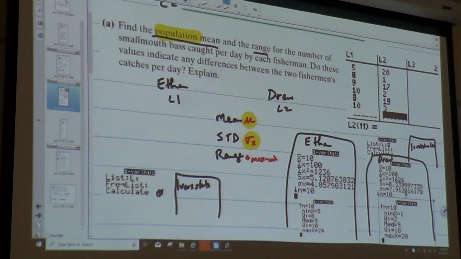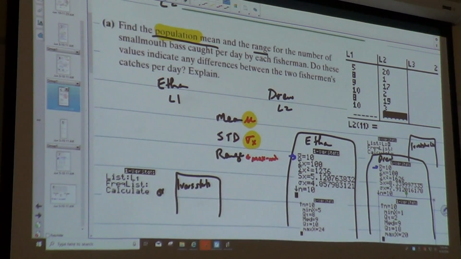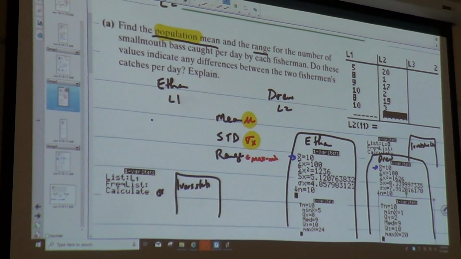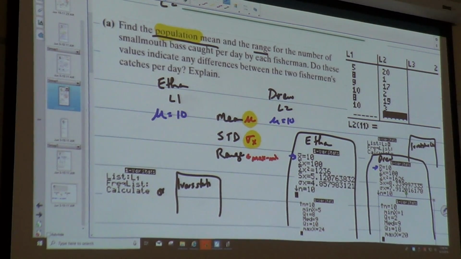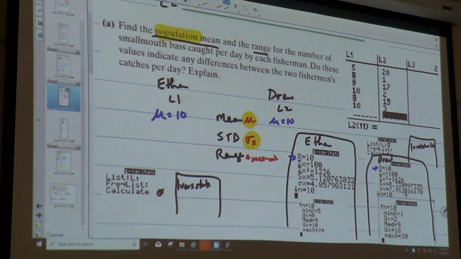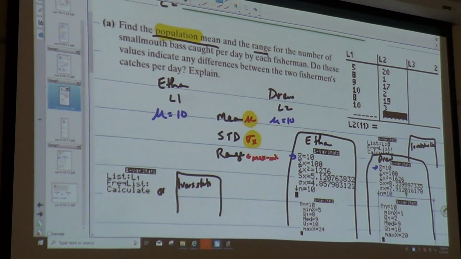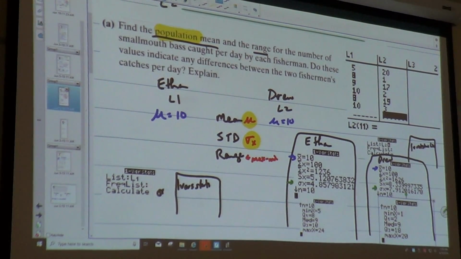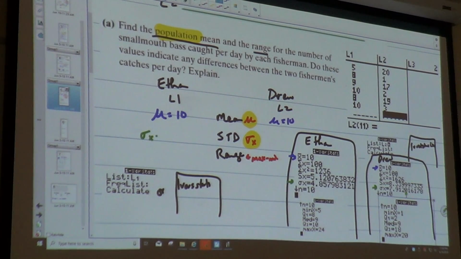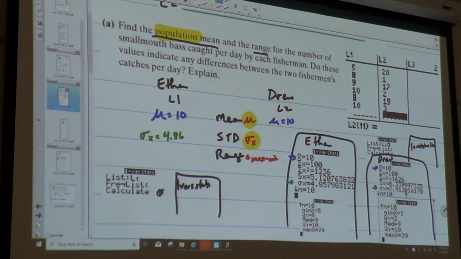So, here's the mean of Ethan, here's the mean of Drew. This is going to be mu equals 10 and mu equals 10 because they were both populations. And then for my standard deviation, it's going to be sigma x equals 4.86 and sigma x equals 7.91.